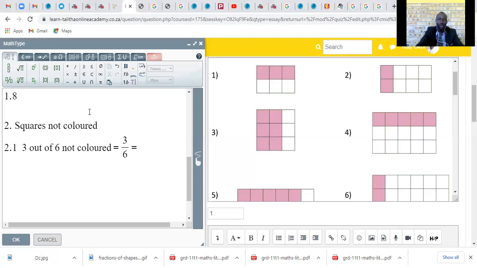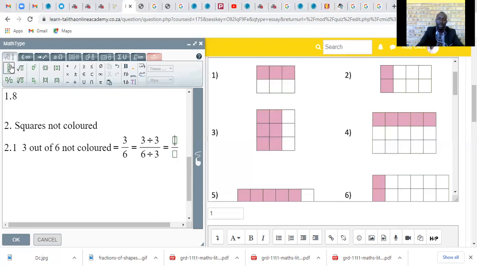In other words, we divide 3 by itself. Why are we doing that? Because we want to find a simplified form of the answer. And when we divide the numerator by 3, that is 3 by 3, we also divide the denominator, which is 6 by 3. And what do we get for that?